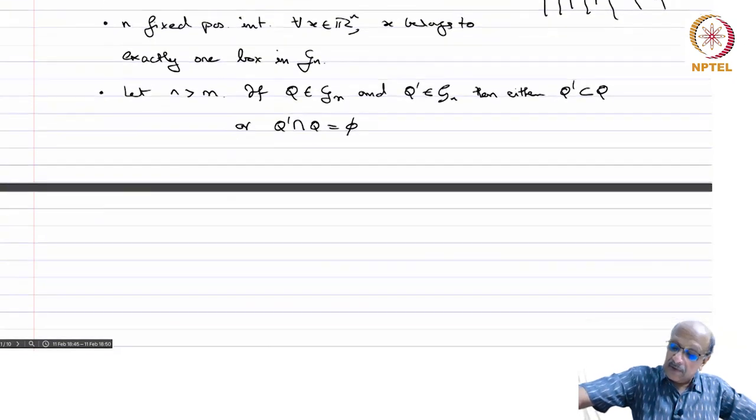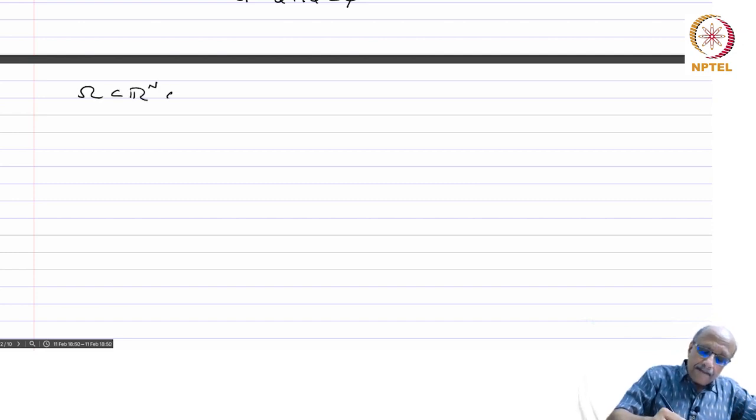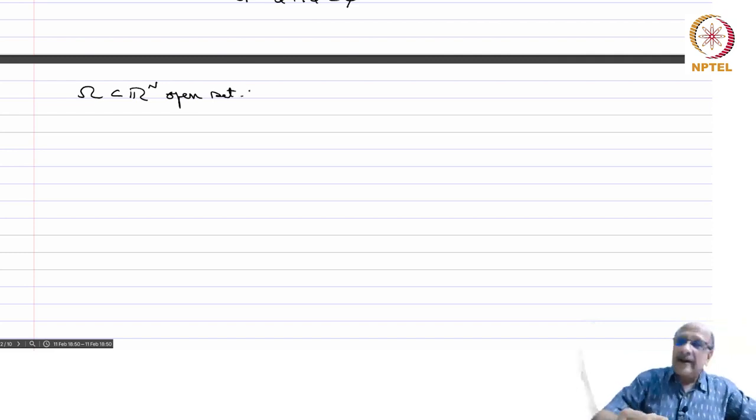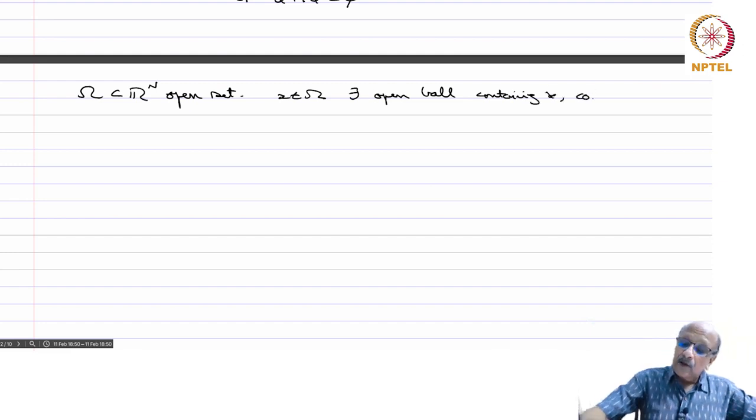So now let us continue the proof. Okay, so omega contained in R^n, open set. Up to now I only subdivided R^n into a grid of 1 by 2 power n size for every positive integer n. So if x belongs to omega, then there exists an open ball containing x contained in omega.